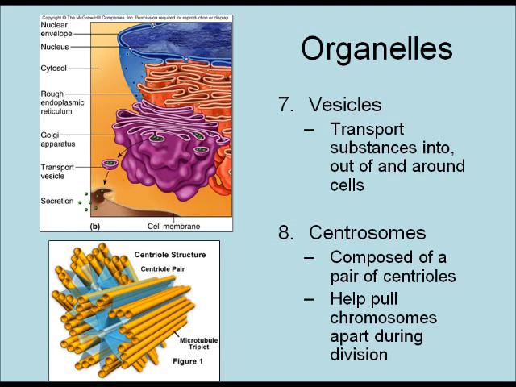So you have one of the centrioles move to one side of the cell, the other centriole moves to the other side of the cell. These little tubes that make up the centrioles start to extend out towards the chromosomes, attach to them, and then retract back into the centrioles to pull those chromosomes in opposite directions within the cell itself.